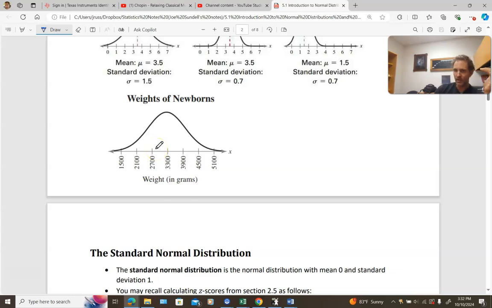And you were to make a histogram out of all those values, and then it would have a shape like this, a bell shape. Okay. Heights are normally distributed.